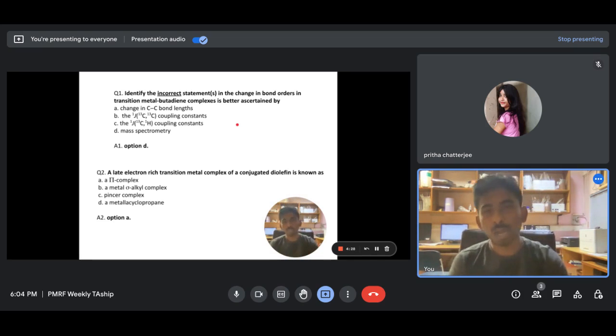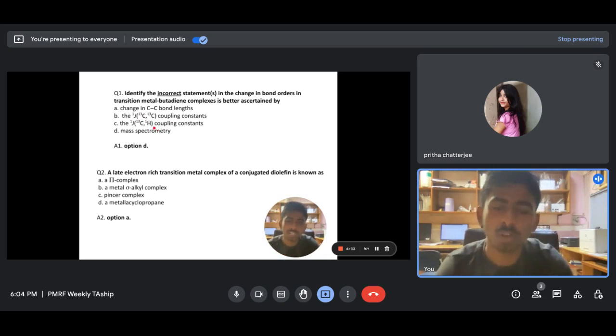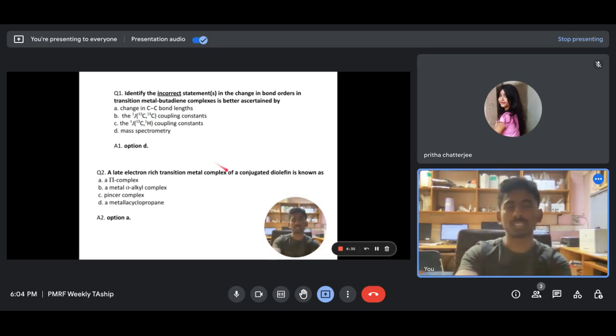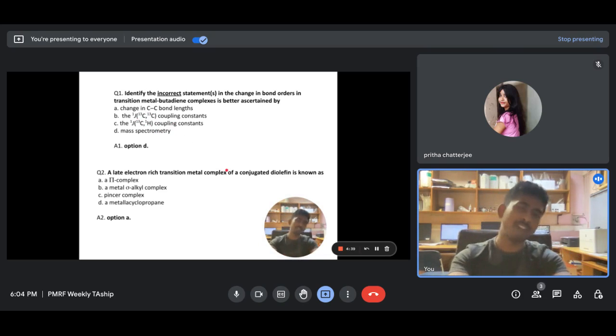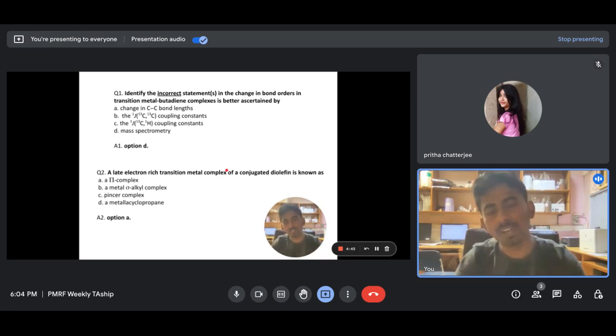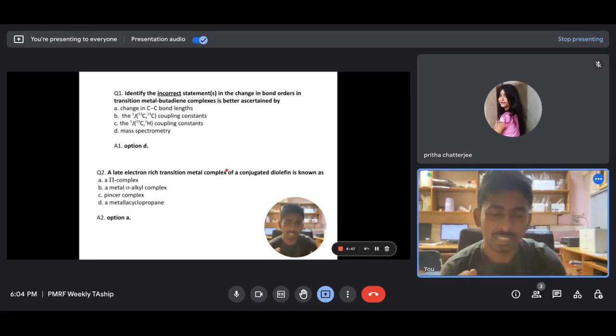In the case of coupling constants, whether it is a proton-13C coupling constant or a 13C-13C coupling constant, they will also be changed. Whenever electrons are delivered to the metal center, there will be a charge separation in the butadiene, with some delta plus charge developing on one carbon atom and a delta negative charge on the adjacent carbon atom.